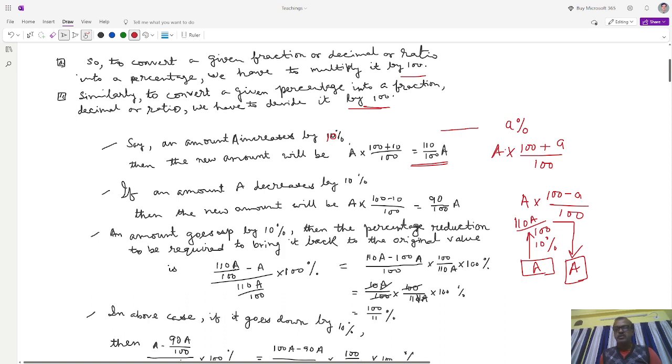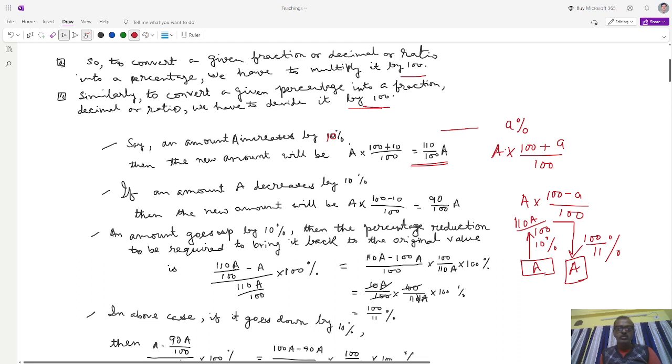Here the calculation, it will be 100 by 11%. How does it come? See here, the reduction value is 110A by 100 minus A, that is new value minus original value, right? And out of what value?